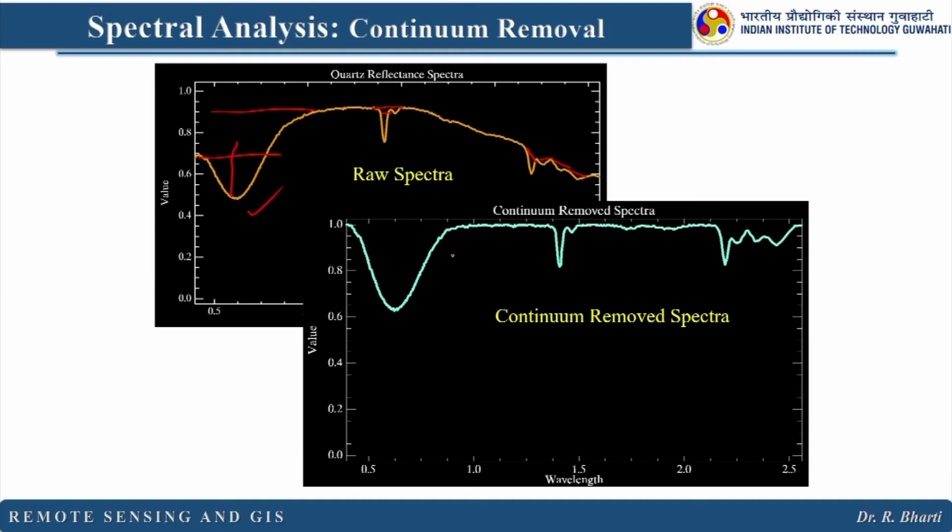In the common baseline, it gives you the flexibility that you can estimate their contribution or amount present in that pixel. So from here you can easily find out which material is present more and which is present less, by identifying the depth of the absorption feature.